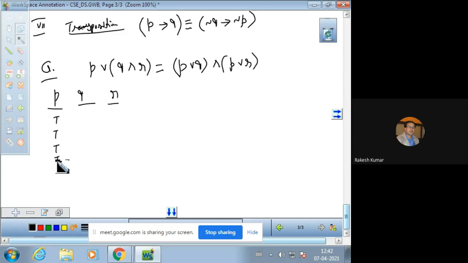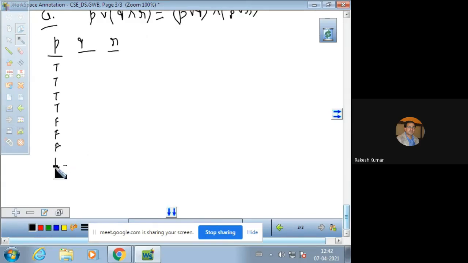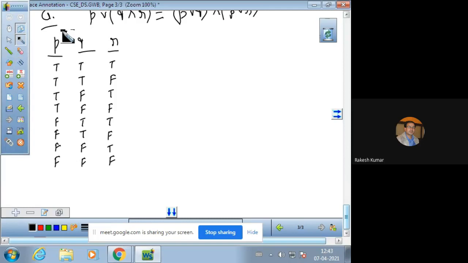So for P: T, T, T, T, F, F, F, F. And Q we shall take like this: T, T, F, F, T, T, F, F. And R: T, F, T, F, T, F, T, F. Now all three, P, Q, R, have different sets of truth values.